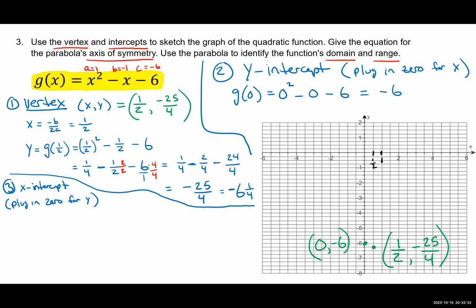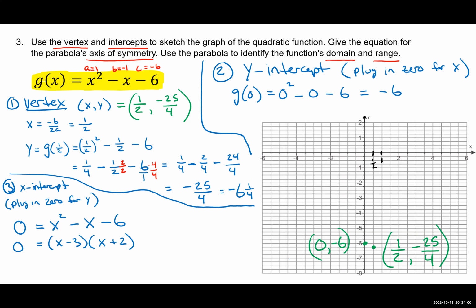All right, so instead of plugging in 0 for x, we'll put a 0 in for the y, which is the g of x. So 0 equals x squared minus x minus 6. And it looks like this one we can factor. This factors to x minus 3 times x plus 2.